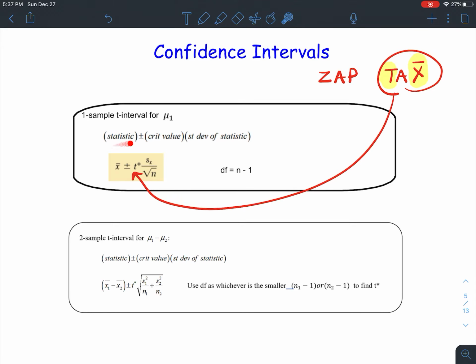Okay, so what you have right here is just the generic formula that you'll see on the formula sheet for confidence intervals. You take your statistic plus or minus your critical value times the standard deviation of the statistic. Okay, now for a one sample t interval, if you're just trying to estimate a confidence interval for where a mean would be located from one population, it is simply this formula here. Okay, we know that the degrees of freedom is always the sample size minus 1.